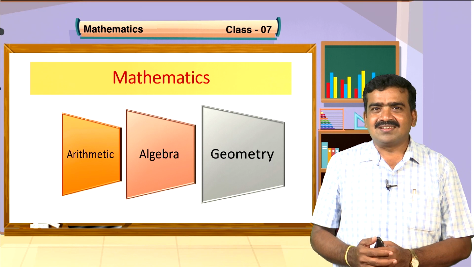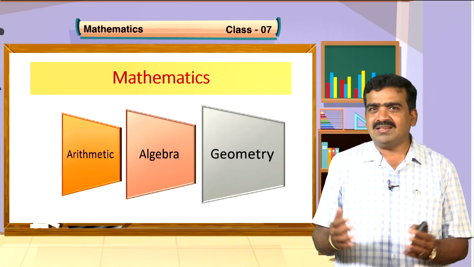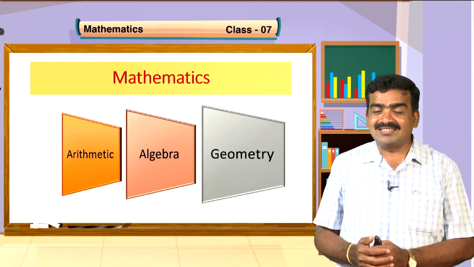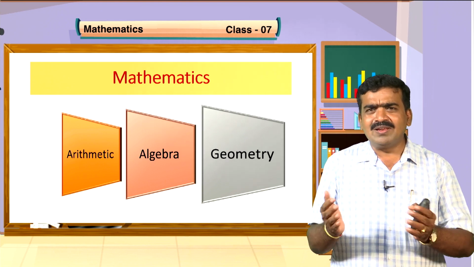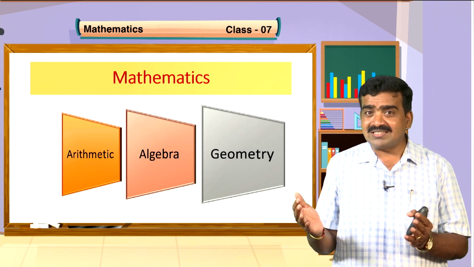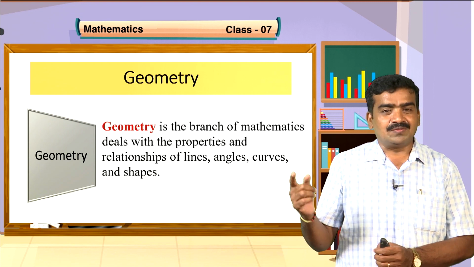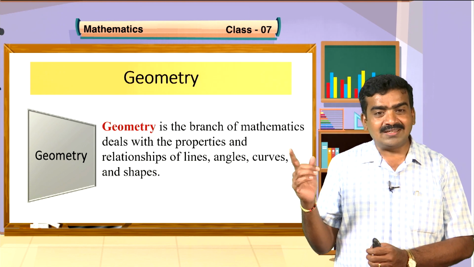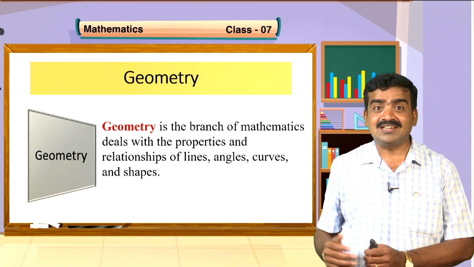My dears, you all know that mathematics has 3 important branches. They are arithmetic, algebra and geometry. And also you are all familiar with the meaning of these 3 branches. Geometry is also a branch of mathematics which deals with the study of properties and relationships of lines, angles, curves and shapes.